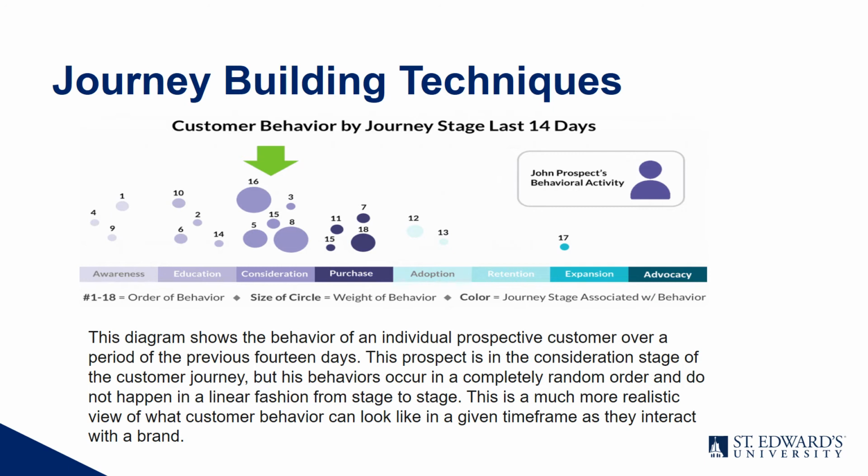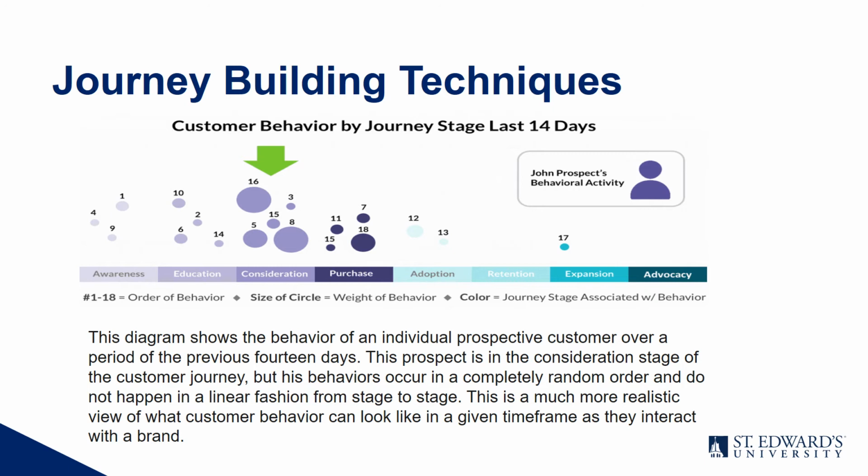This prospect is in the consideration stage of the customer journey, but his behaviors occur in a completely random order and do not happen in a linear fashion from stage to stage. This is a much more realistic view of what customer behavior can look like in a given time frame as they interact with a brand.